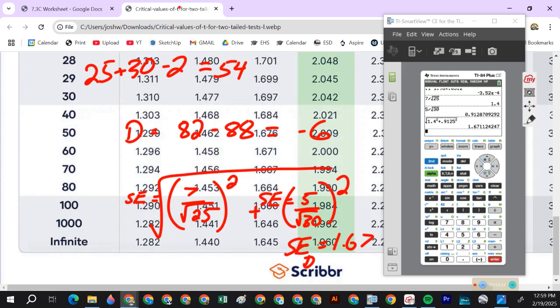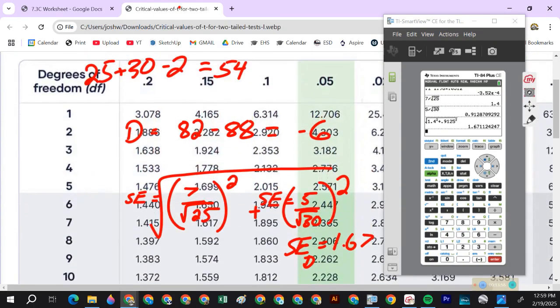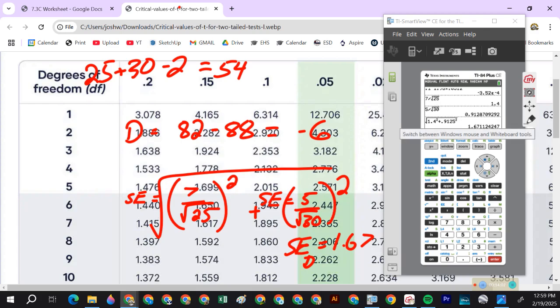Okay? Now, which column are we going to use? So which column will put 95% in the middle? The numbers across the top are the areas in the tails. So if the center has 95%, how much do the tails have together? 5%.